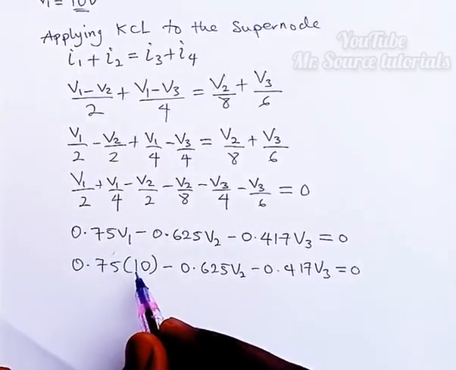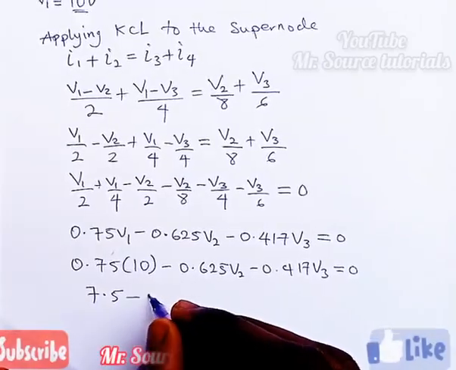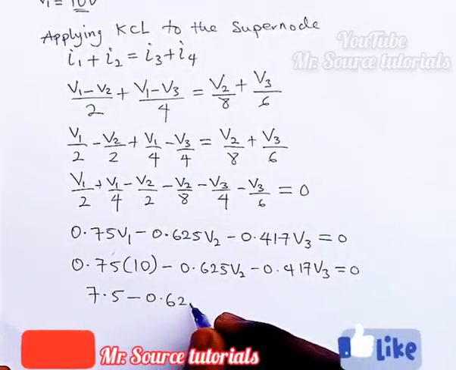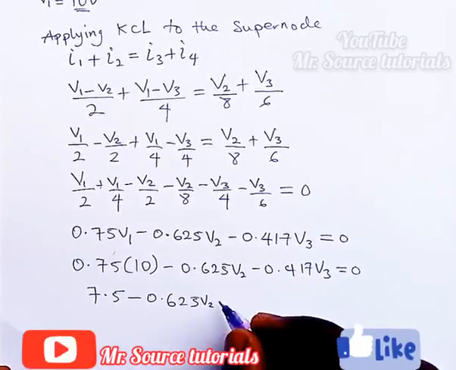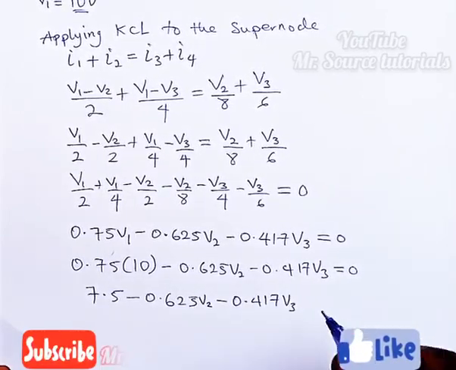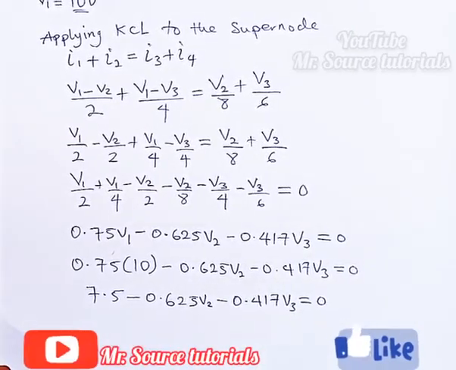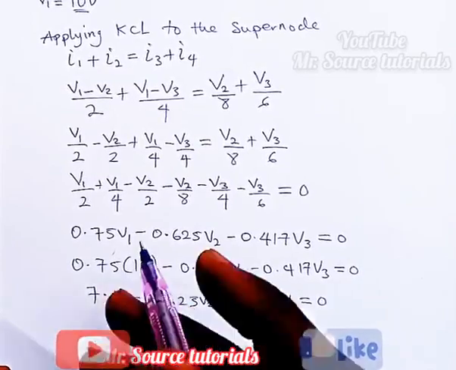So 0.75 times 10 is going to give us 7.5, minus 0.625 V2 minus 0.417 V3 all equals 0. We now collect like terms and move this 7.5 to the right-hand side.